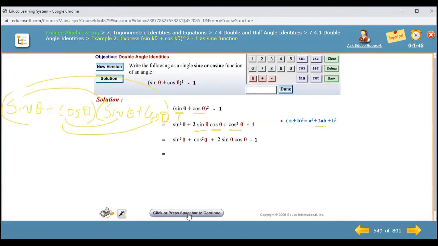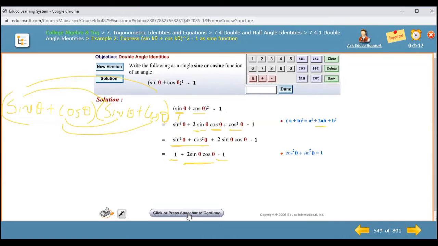According to the identity, I have already proved that sine squared theta plus cosine squared theta is 1. Now this is positive 1, this is negative 1. They will cancel out each other's effect. So that becomes 0, and we are left with just 2 sine theta cosine theta.